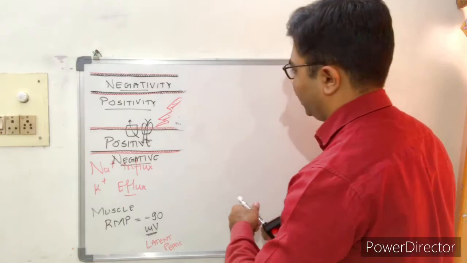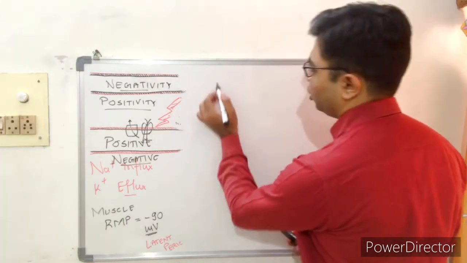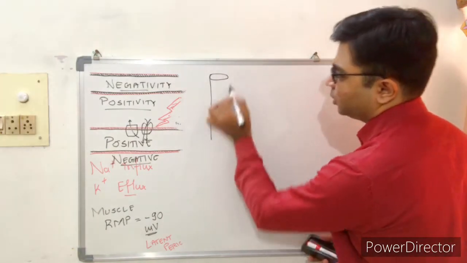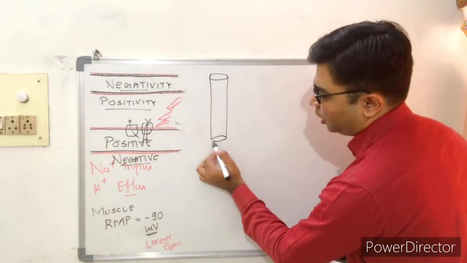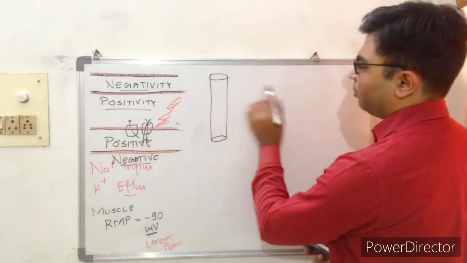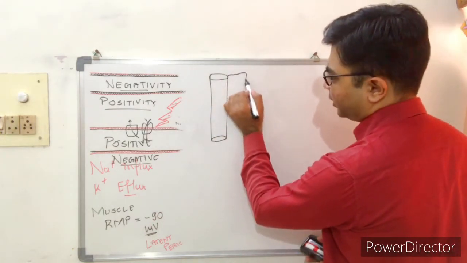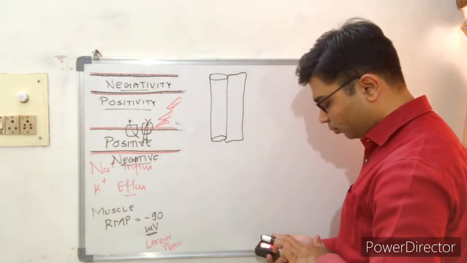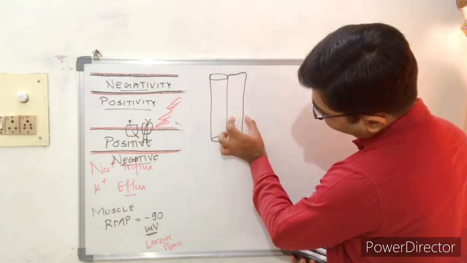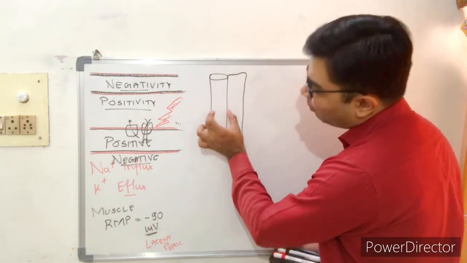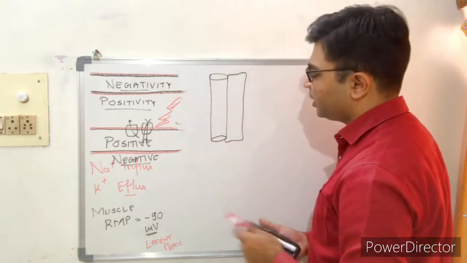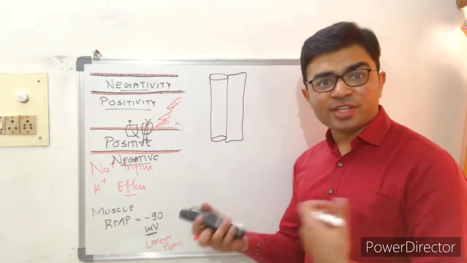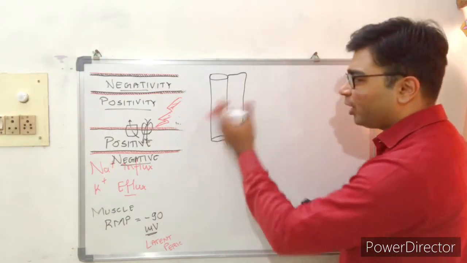So if I draw a muscle cell, for example this is a muscle cell which is cylindrical in shape, obviously, and I am drawing it over here. This sarcotubular system is exactly overlapped over the muscle fiber, but for explaining the combined concept of the sarcotubular system and the action potential, I am drawing it like this.